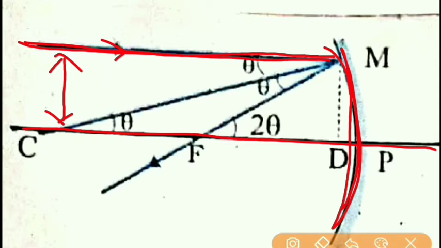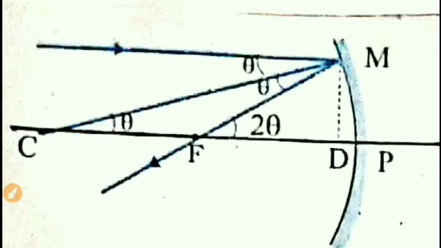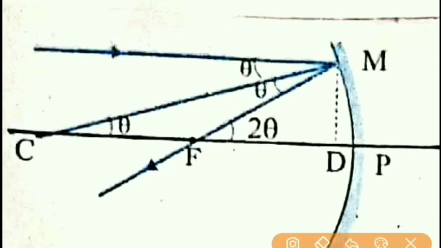Students, remember this word, paraxial rays. And so the distance between this point D and P can be neglected. Means we can say that point D is equal to point P only. They are not different points because the rays are paraxial rays.